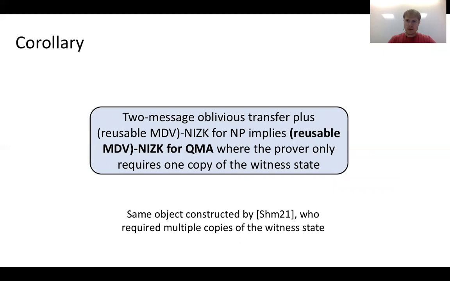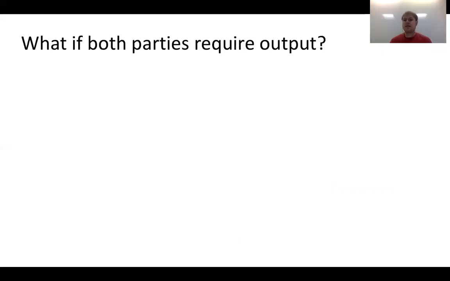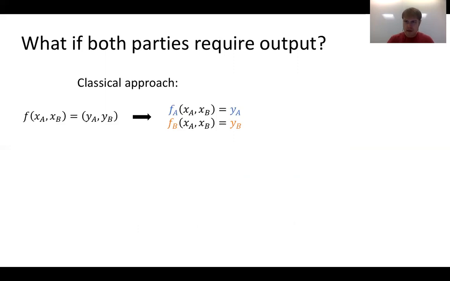Good. Now I'd like to move on and say, well, so far we've just considered protocols where one party obtains an output, right? So what if we want the more general setting where both parties obtain some output, and furthermore we want to maintain the optimal round complexity of 2, right? There's a pretty natural classical approach to doing this.